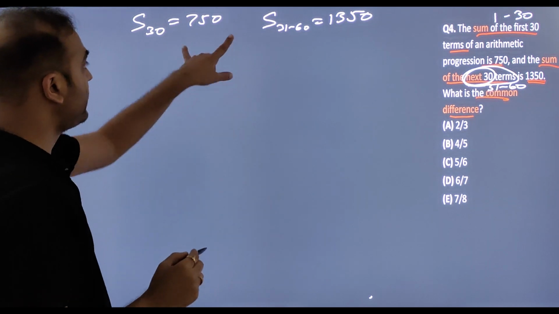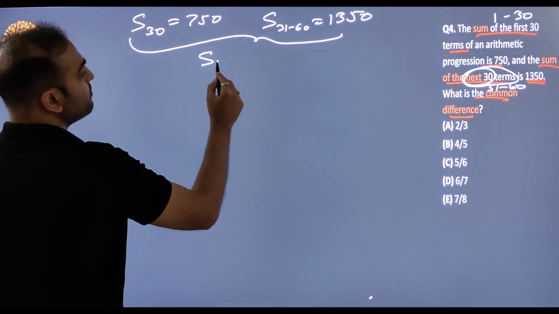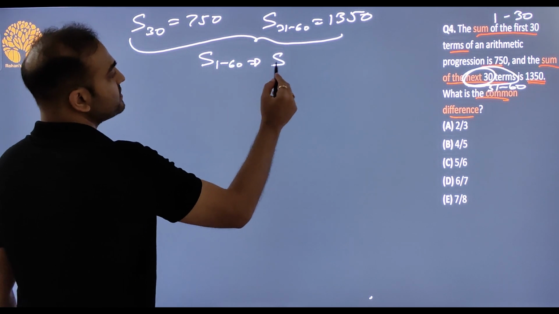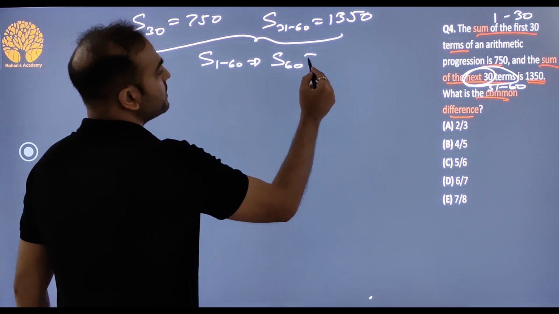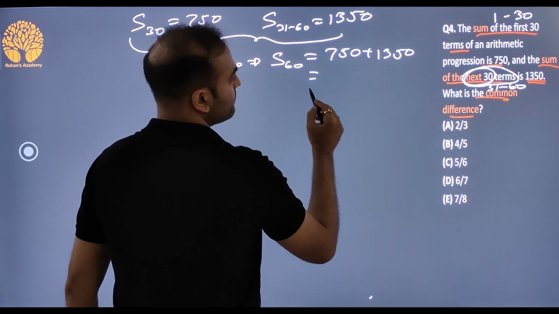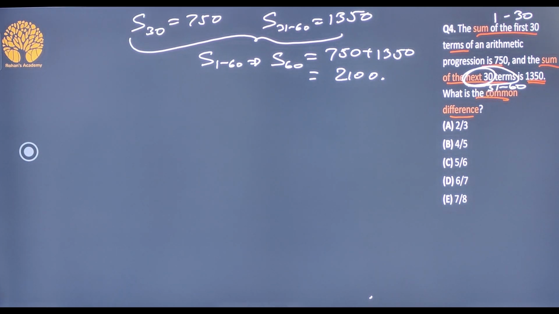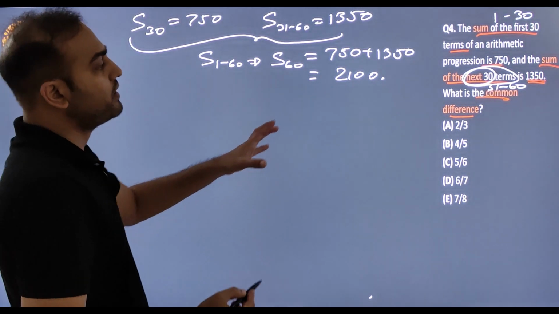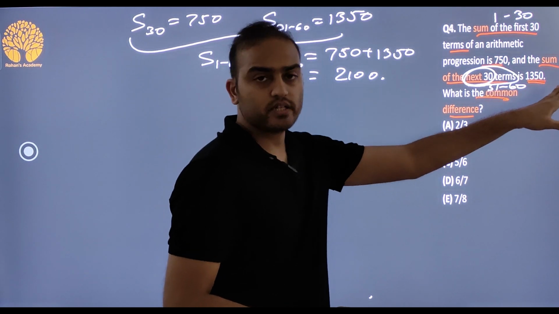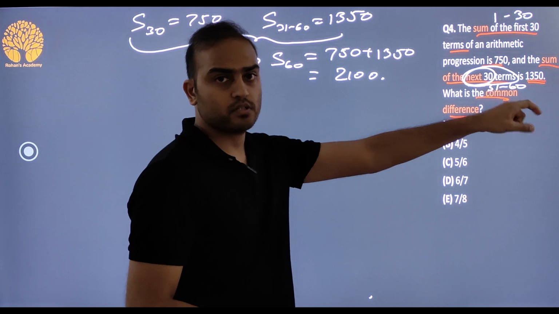Which means if I add the two, the sum of 1 to 60, which is the sum of the first 60 terms, is 750 plus 1350. That's 2100. Does that make sense? Remember, this is the sum of the next 30 terms, not the original, the next 30 terms.